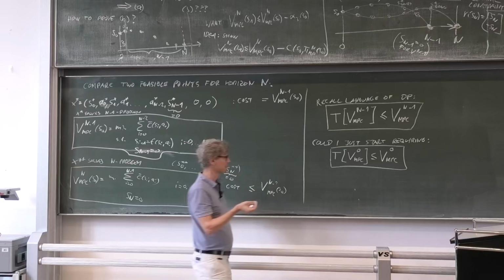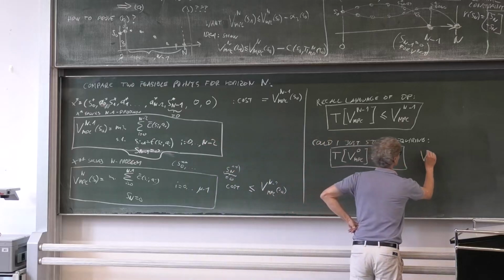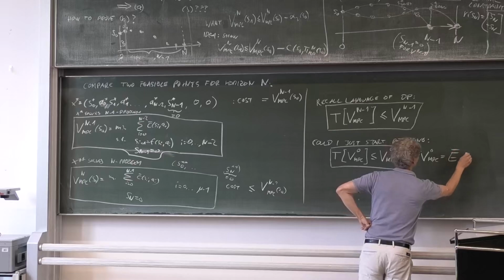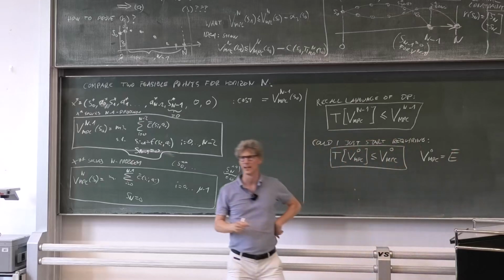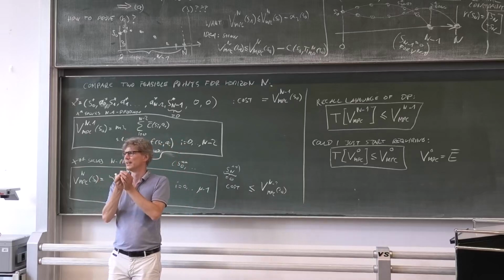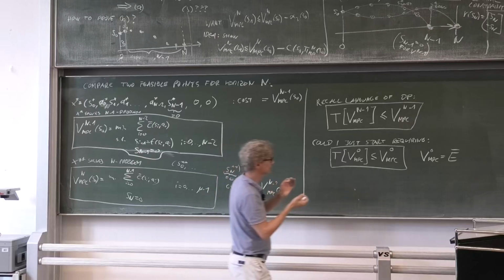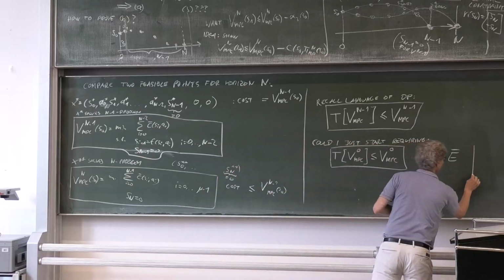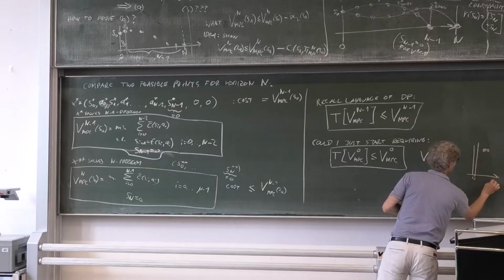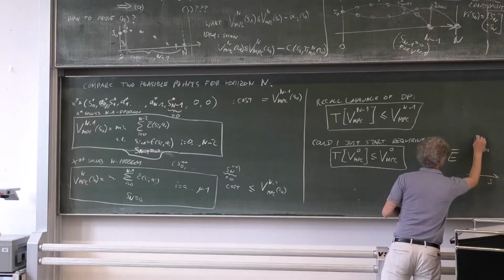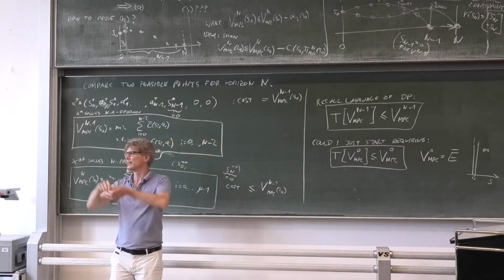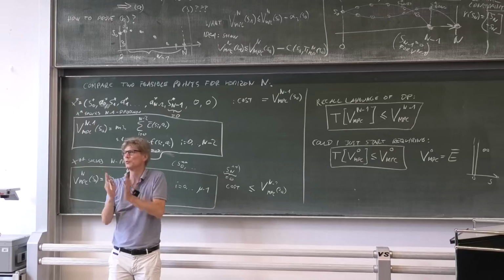So V0 MPC is the same as E bar, E bar being the extended value formulation of the terminal cost. For the zero terminal constraint, my E bar is just 0 at 0 and infinity everywhere else, because only 0 is feasible.